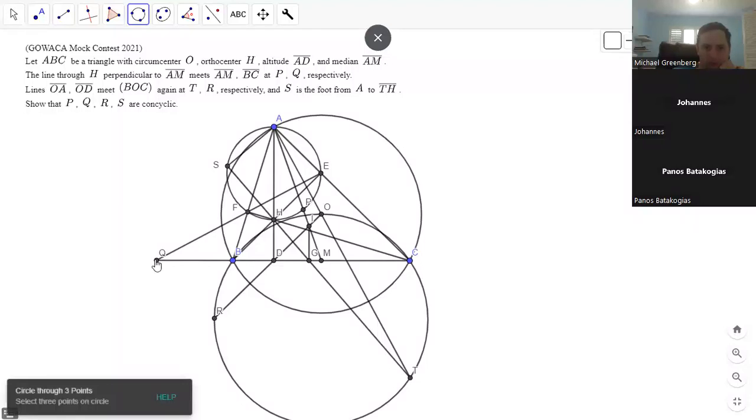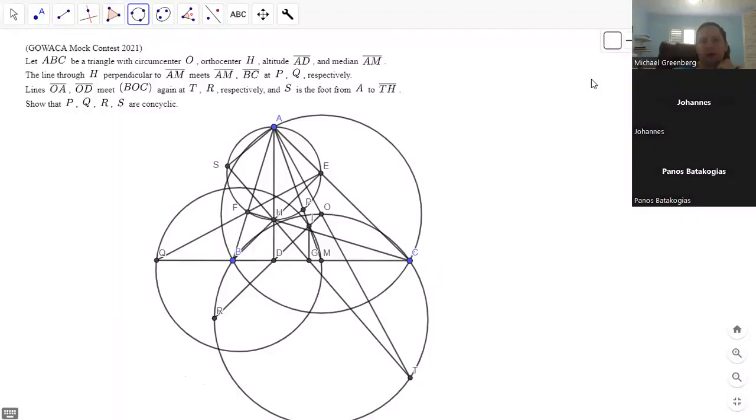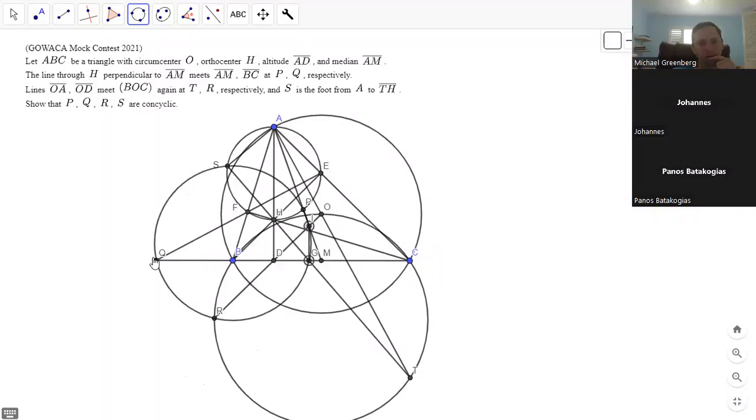Just going to draw the circle just for the heck of it. So yeah, G and I are not hard to define. So I is the intersection of OD and AM. Are Q, H, and P collinear? Let's see.